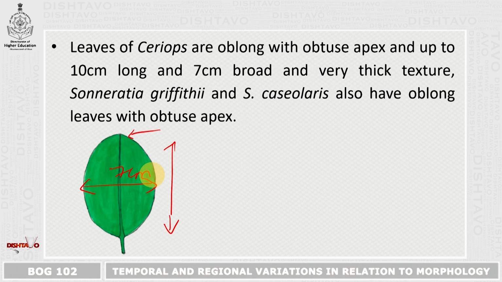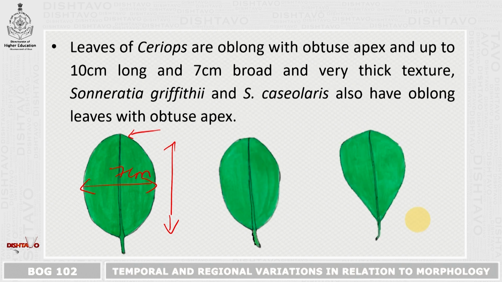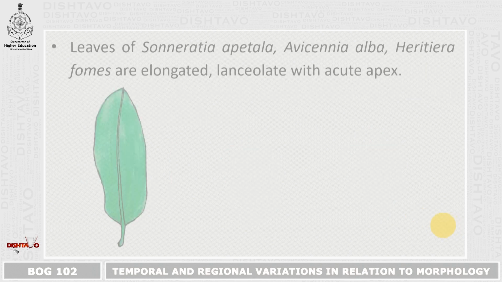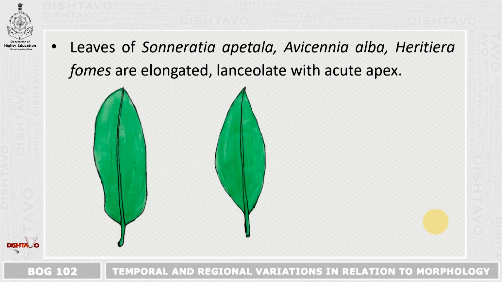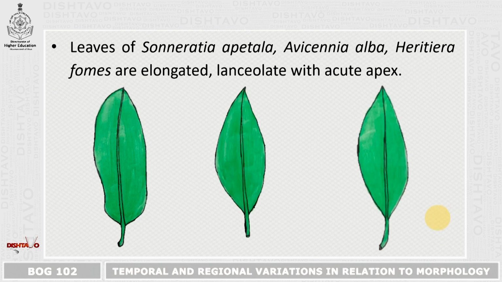Also in Sonneratia griffithii and Sonneratia caseolaris, they have oblong leaves and obtuse apex. The leaves of Sonneratia apetala, Avicennia alba and Heritiera fomes are elongate, lanceolate, which means a lens-like structure, and they have an acute apex, as you all can see in these three diagrams.